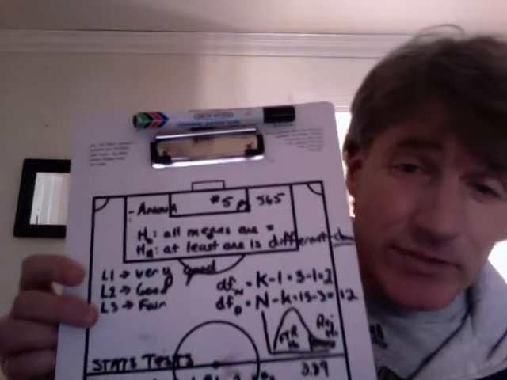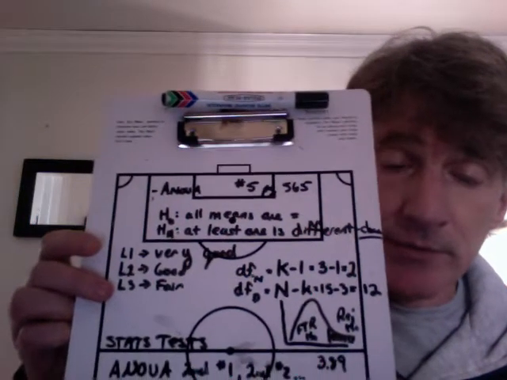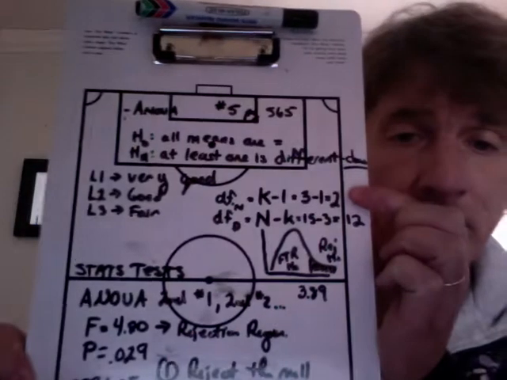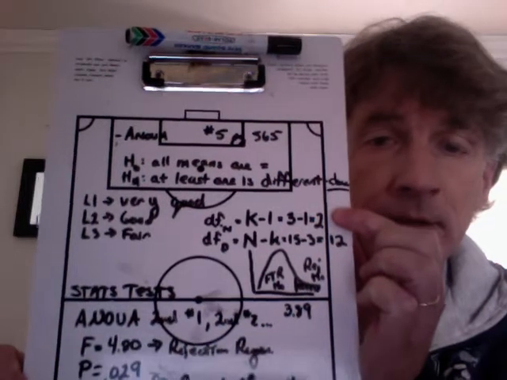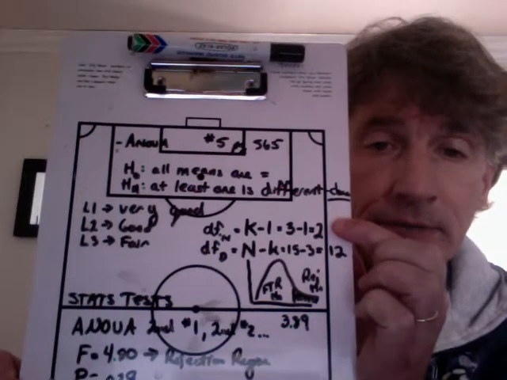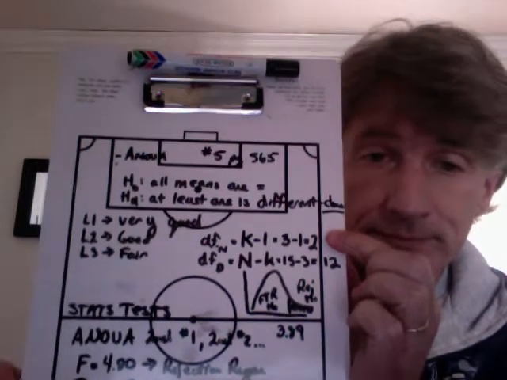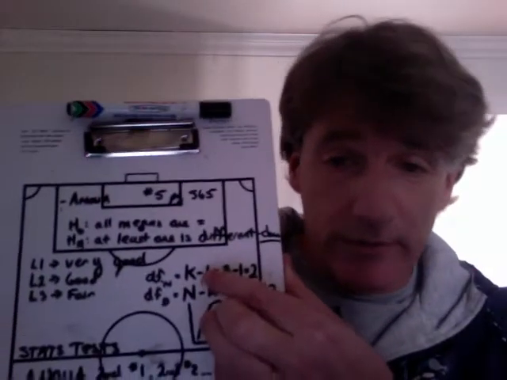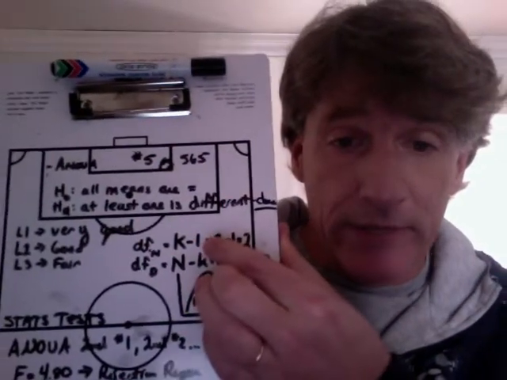Now you have to generate 2 degrees of freedom in order to be able to do this. Your first degree of freedom is called degrees of freedom of your numerator, or df sub n, and what you do to get that is the number of categories, k. I'd rather use c, but okay, the number of categories k minus 1.